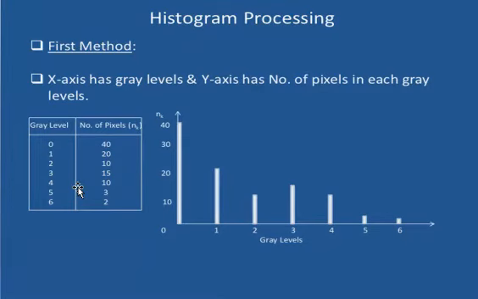Okay, here 7 intensity levels are there. We may consider the 2 power n values, that means we may consider this as a 3-bit image. So we have 8 gray levels, which means we should start with 0 and end with 7. We can take it like that also.